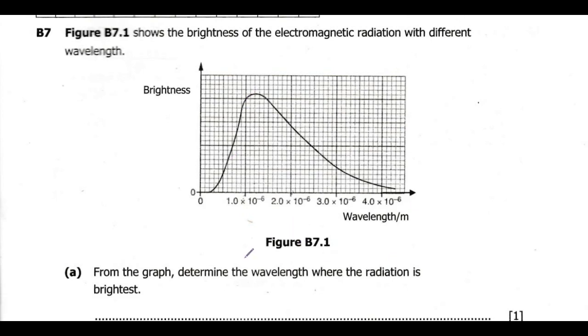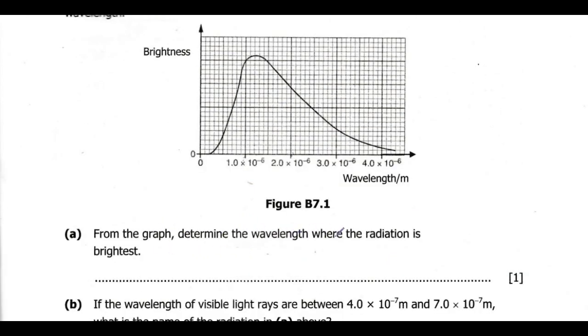From the graph, determine the wavelength where the radiation is brightest. So where is radiation brightest? Is it at this point, or at this point? We can see that it's not here, it is somewhere here. So it should be at 1.0 times 10 to the power negative 6.